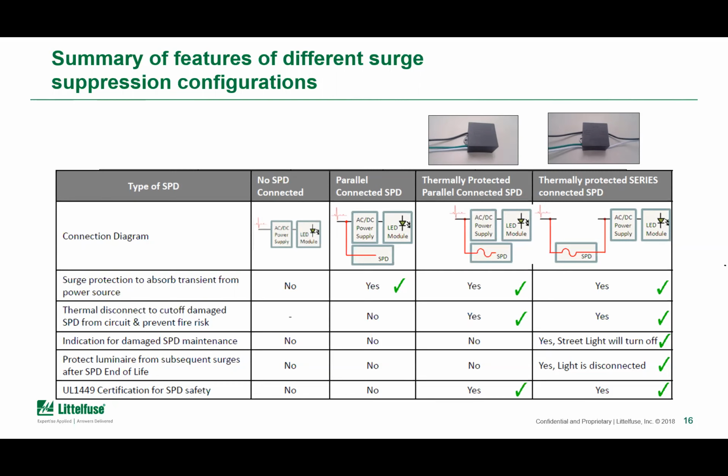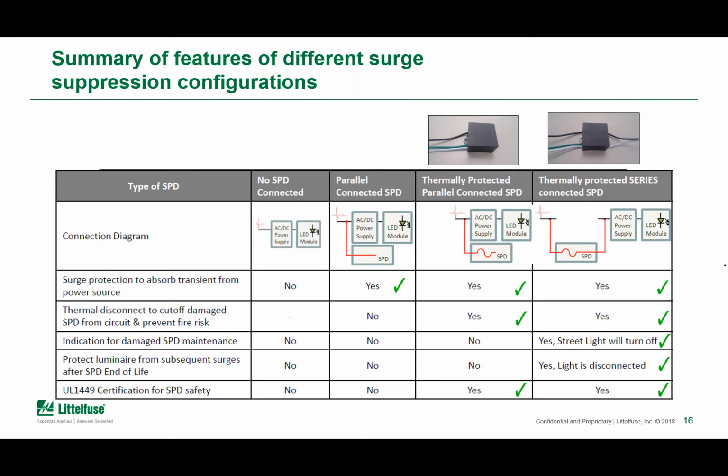Under normal operation, it's just in a high resistive state and allows power to flow. Under a transient event, it changes its resistance and conducts energy through the module and away from the driver or the light fixture, protecting that device. The most common components generally used in surge protection modules are metal oxide varistors.